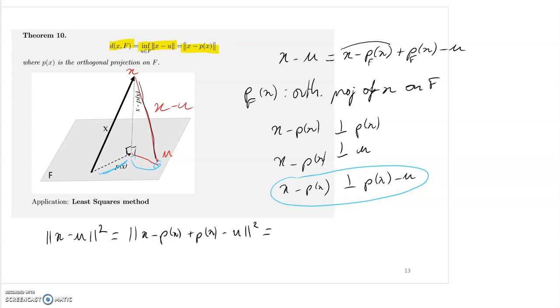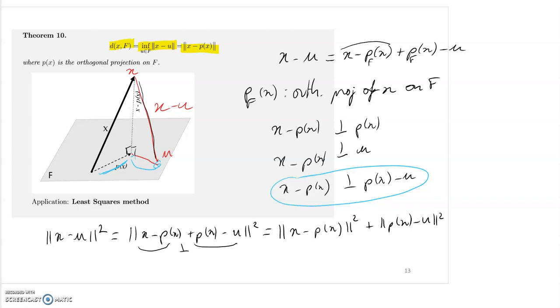Applying Pythagoras theorem, as these are two orthogonal vectors, this is just going to be the sum of the squares of those norms: x minus p of x squared plus p of x minus u squared. You can visualize this right-angle triangle on the above drawing, but we know that it still stands in any linear space.